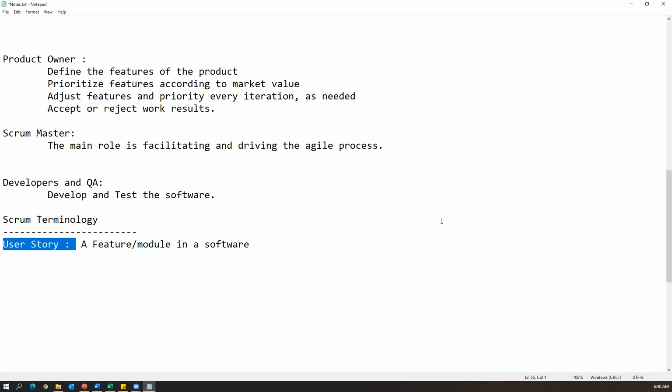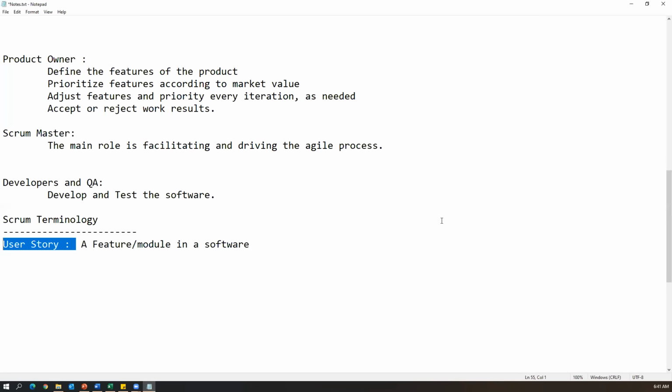Normally in our classic models, we call them a functionality, or a feature, but here we don't use such terms. Here we call it a user story. So whenever we say story or user story, that represents a feature or a module in a software.